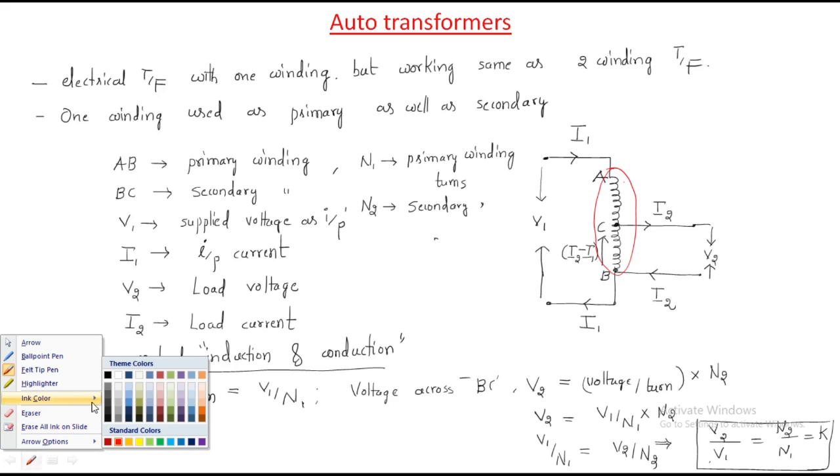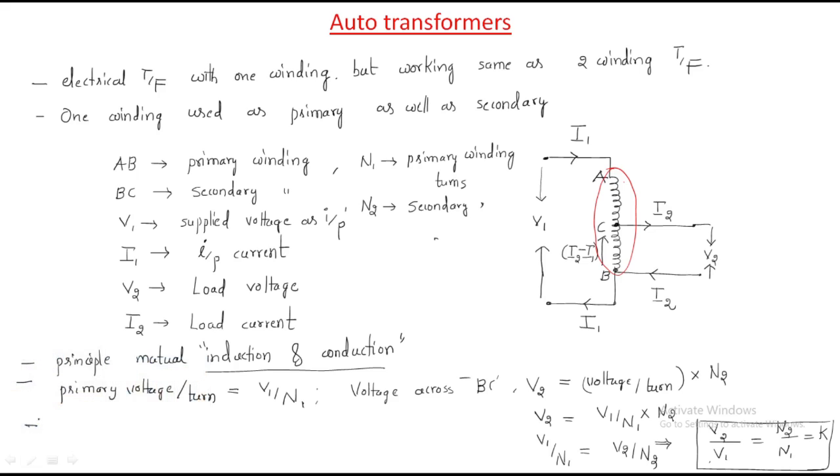The auto transformer is economical when K is greater than 2. This is a very, very important point. That means the secondary voltage magnitude is more than 2 times the primary voltage magnitude. Then it is useful, otherwise it is not useful. Okay, K value greater than 2.